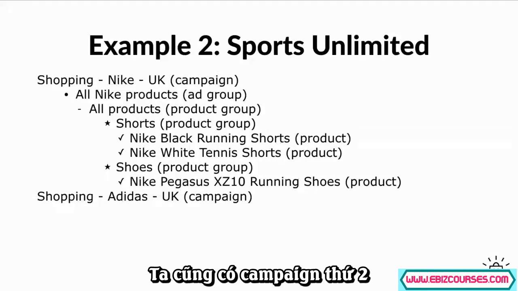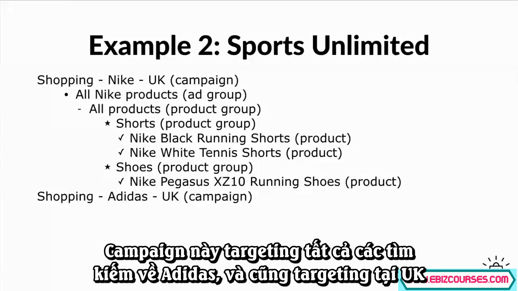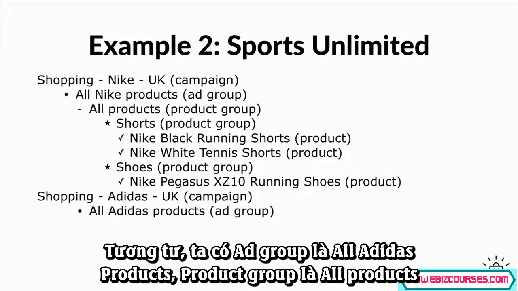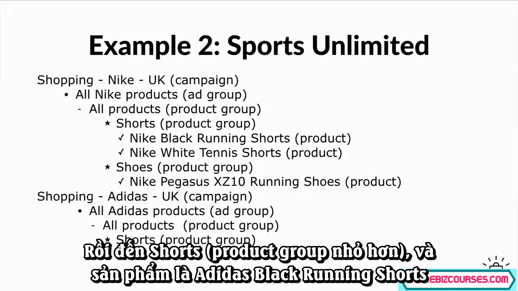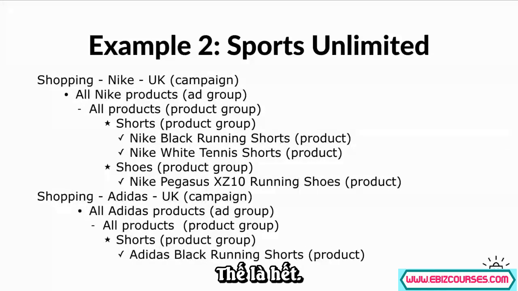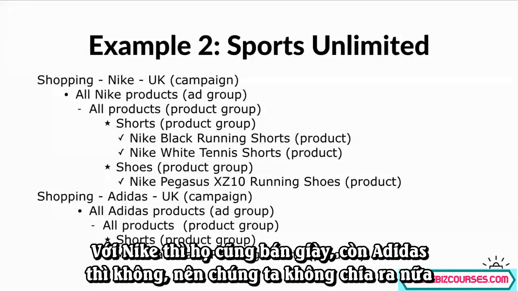We also have a second campaign, a campaign targeting all the Adidas searches, also targeting the UK. Again, we have the ad group, which says all Adidas products. We have all products, shorts as a product group, and then we have the Adidas black running shorts. And that's it. So for Nike, they also sell shoes, but for Adidas, we don't sell shoes, so we didn't break it out.